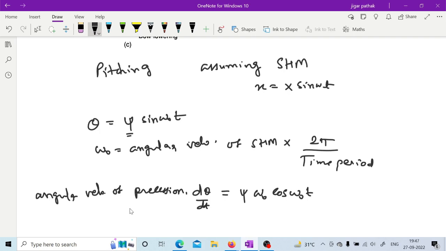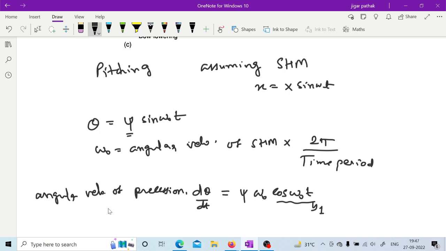Now once you have calculated this d theta by dt, it will be maximum when cos omega 0 t is 1, right? When this is 1, at that point it will be maximum.